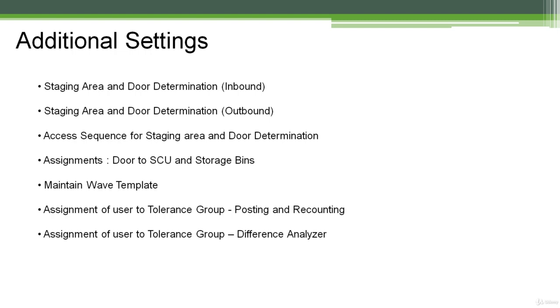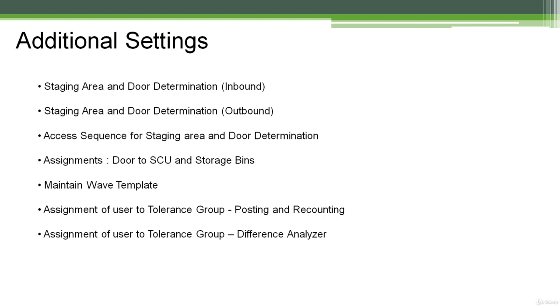So the settings that we plan to maintain are staging area and door determination for inbound and outbound, the access sequence based on which this staging area and door determination will be determined. It is determined based on process type or process type and route combination.